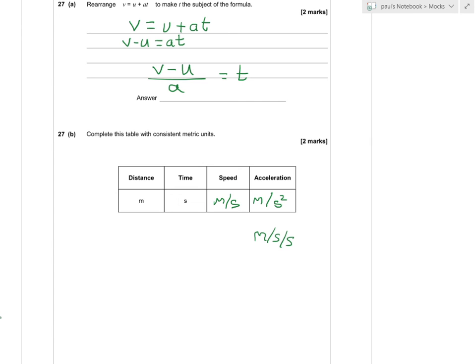Meters per second squared. This can also be written as meters second to the power of minus 2, and something to the power of minus 2 should be 1 over s. Anyway, that's the way I do it. Just build it up. ms squared.